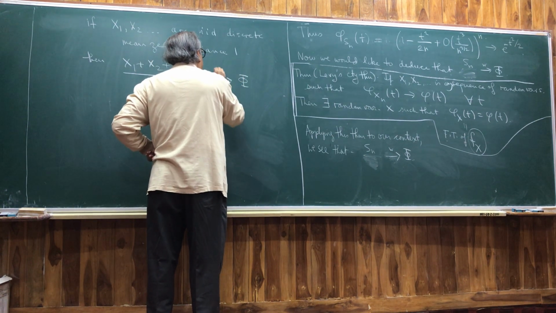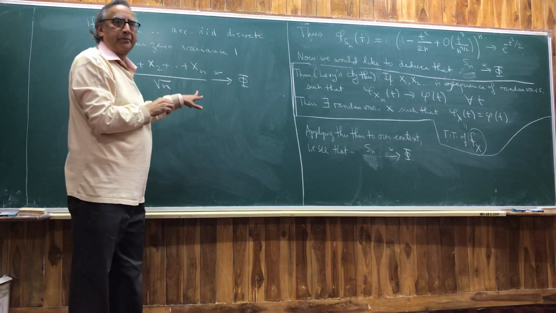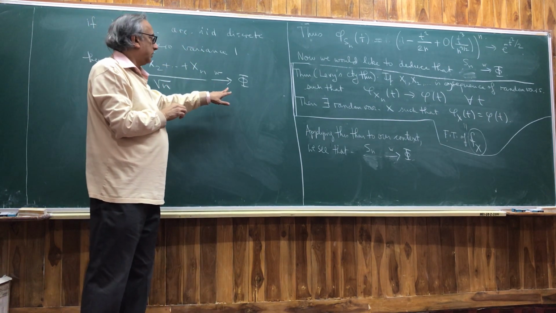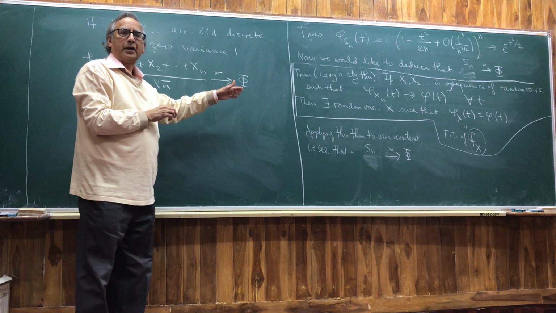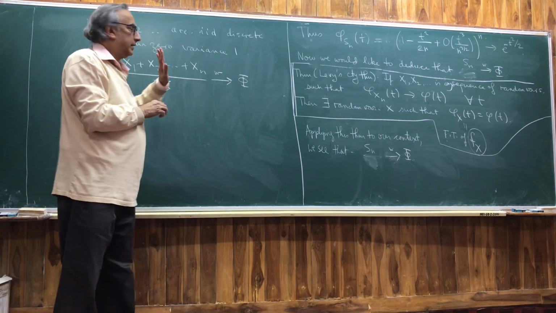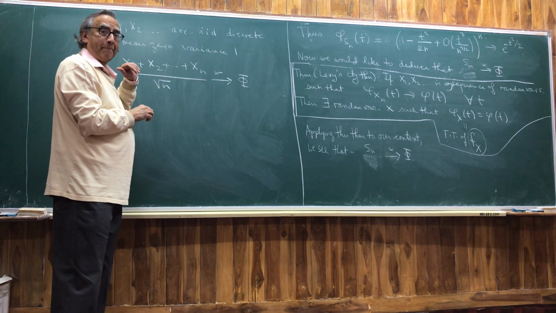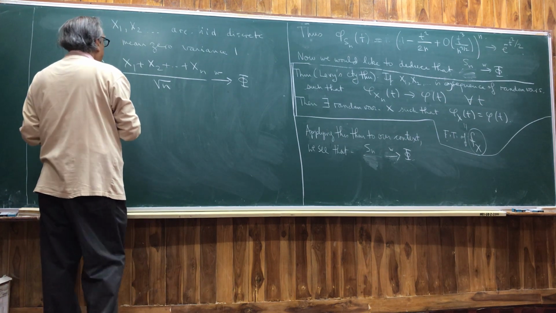So you see this is always weak convergence. This is not a limit as such. It's weak convergence in the sense of density functions. So we really are talking about the density function.